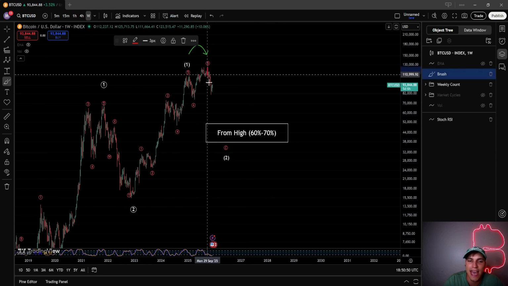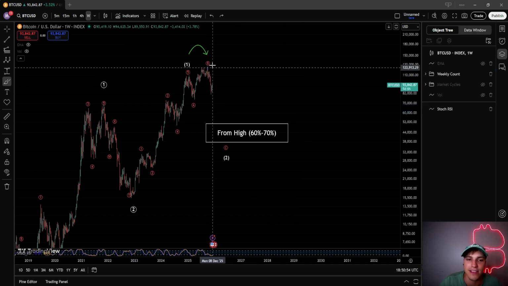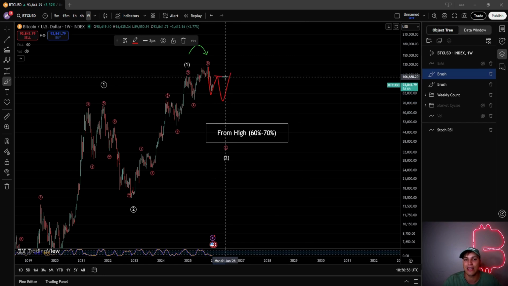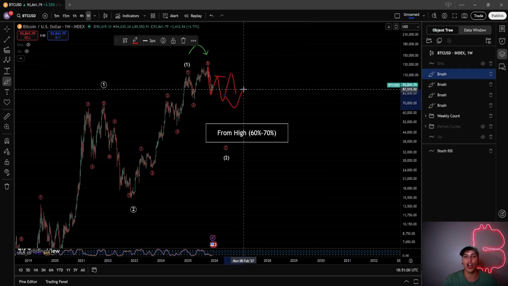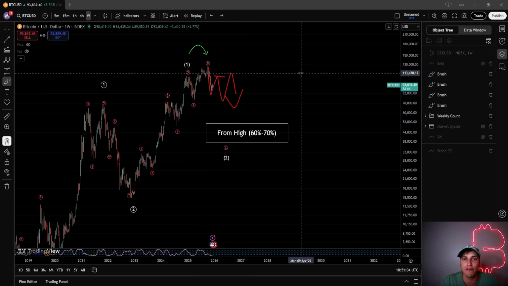We would need a 1, 2, 3, 4, and wave 5. And we can invalidate this if we get an A, B, a C, and then take the high before heading lower. That would mean we are then not in this wave C.